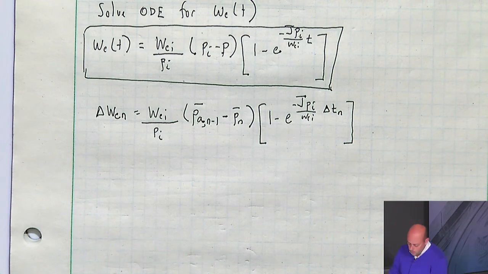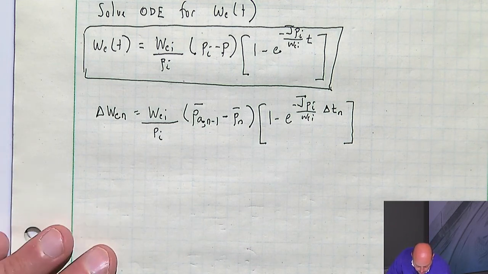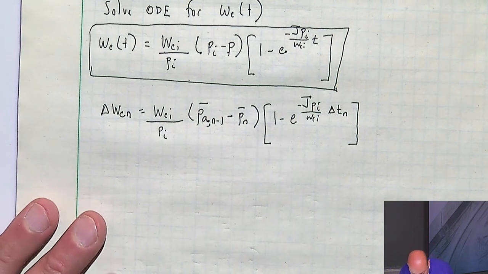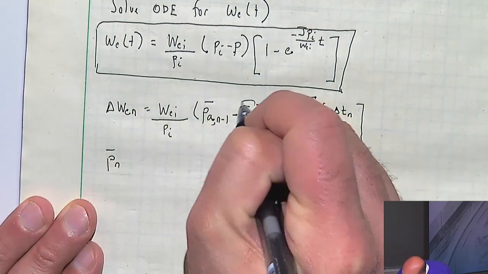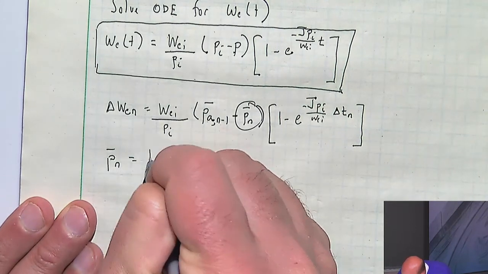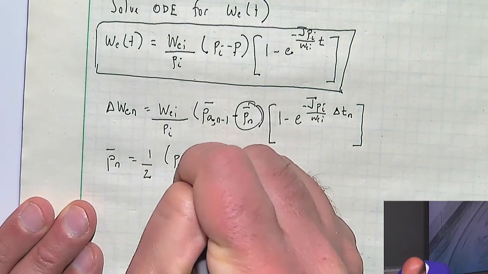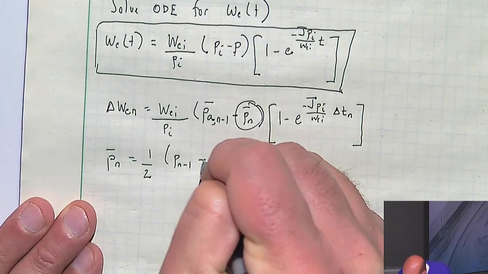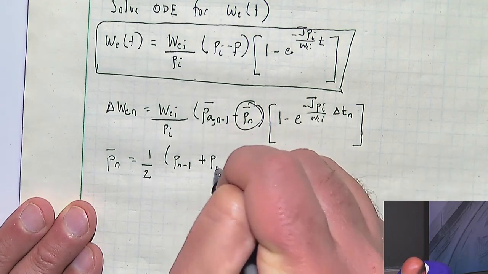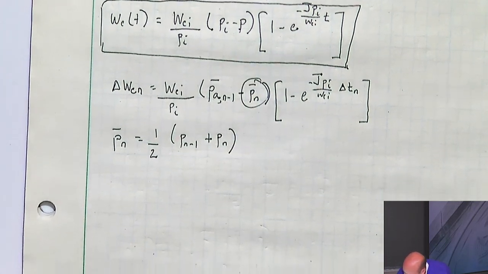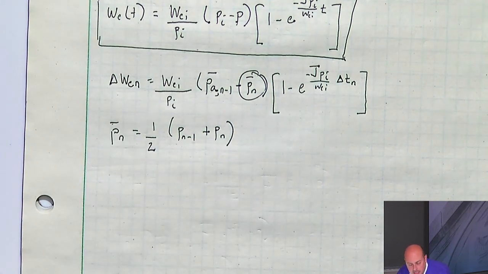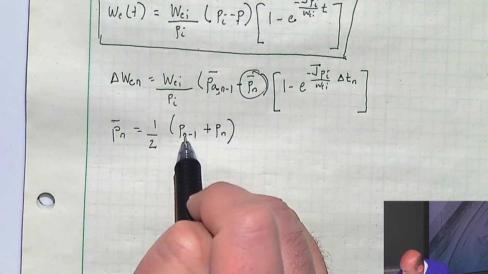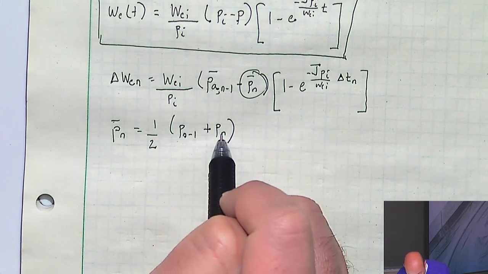I'm just going to finish this up by saying Pn bar, this thing right here, is equal to 1/2 (P_(n-1) plus Pn), so it's an average. We use bar a lot of times to indicate average, so it's an average of the reservoir pressure at the last time step and the current time step.